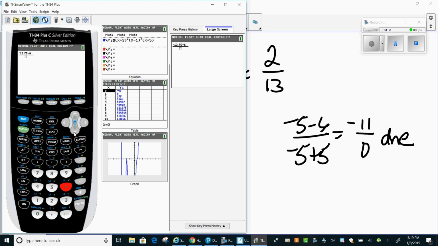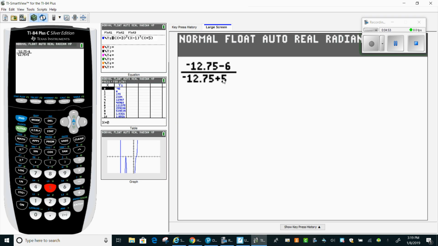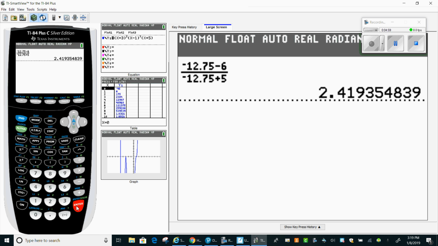And then on the bottom, I'm going to put -12.75 plus 5. Looking at the problem again, the top is x minus 6, and the bottom, which is hard for you guys to see, is x plus 5. And they told me that x is -12.75.